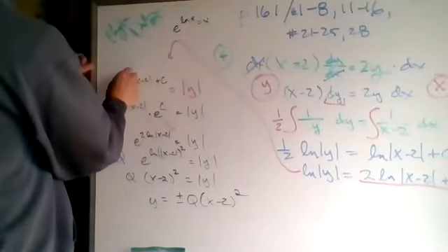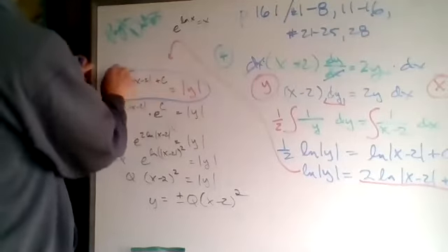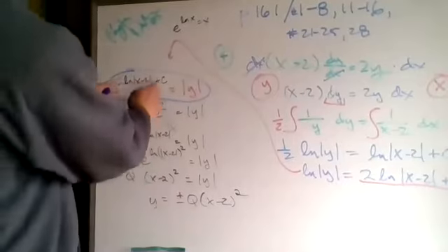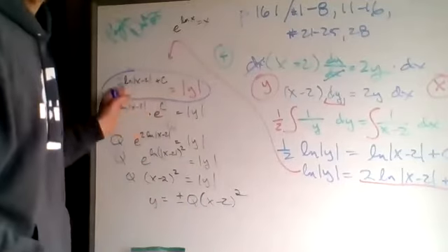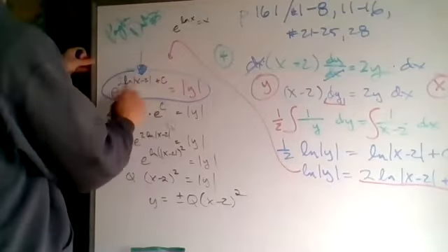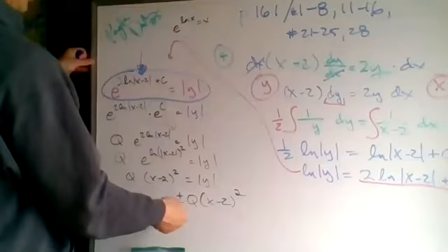See this stuff right here? All I did from here on down was simplify this side, right? I just simplified this side over here. That's all I did down here, except for the plus or minus.